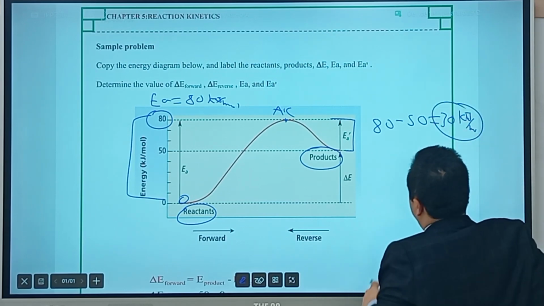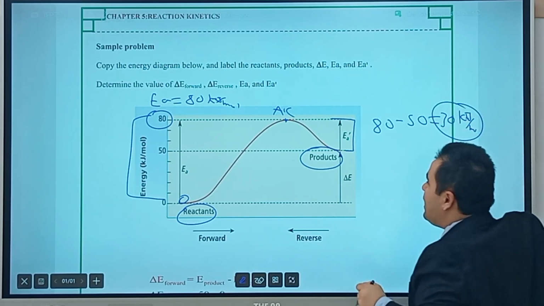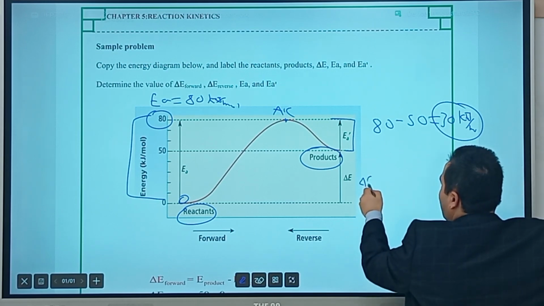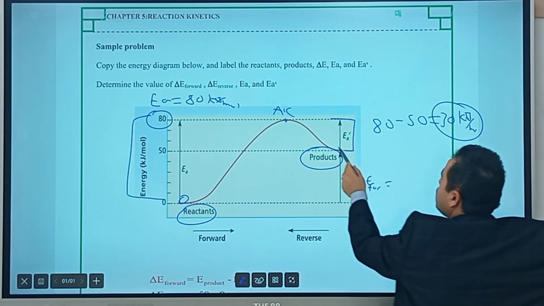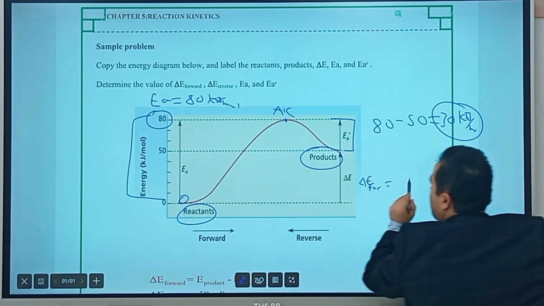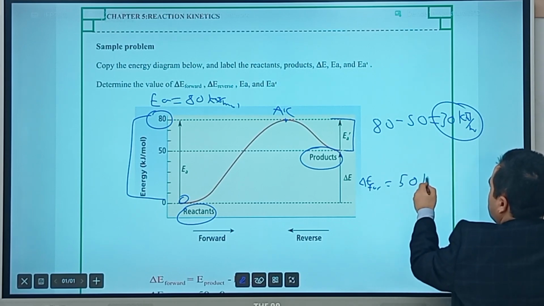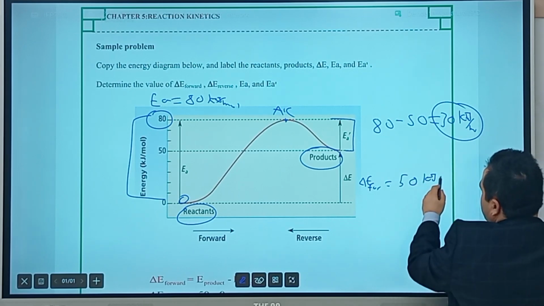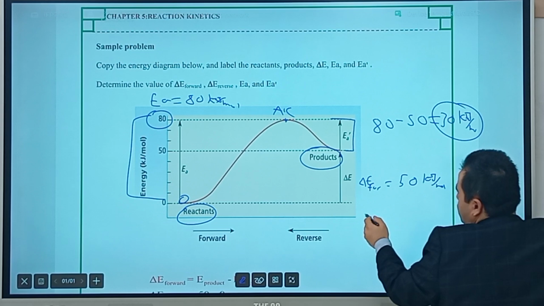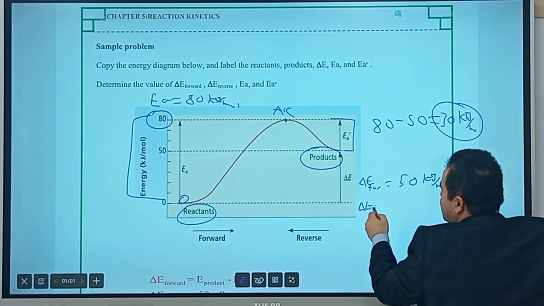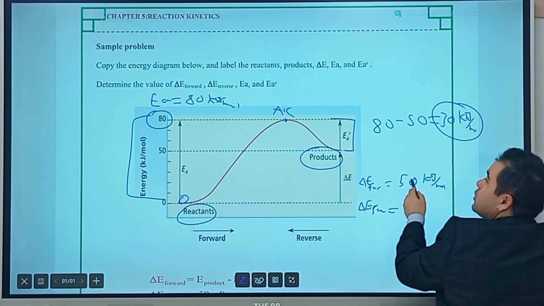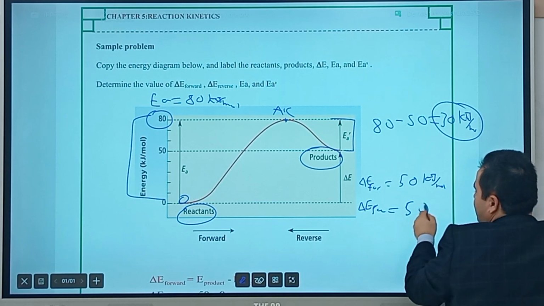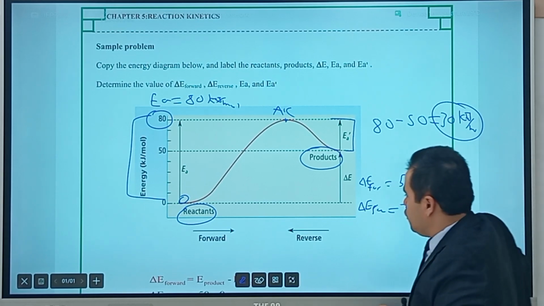That's the EA prime. Delta E forward equals the product minus reactant, 50 minus 0, which is 50 kilojoules per mole. Delta E reverse is just the opposite of the above, which is minus 50 kilojoules.